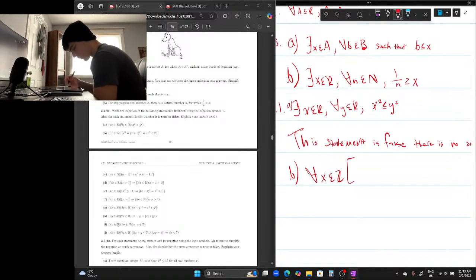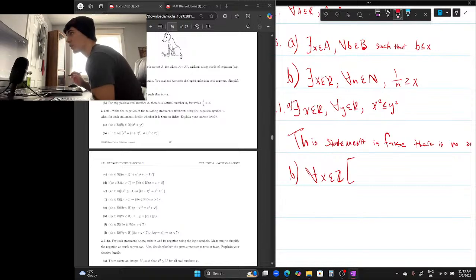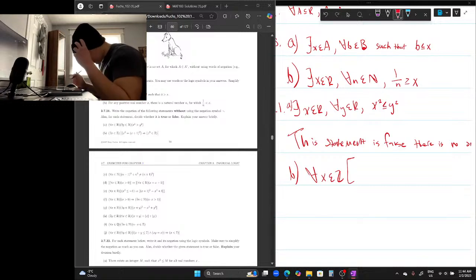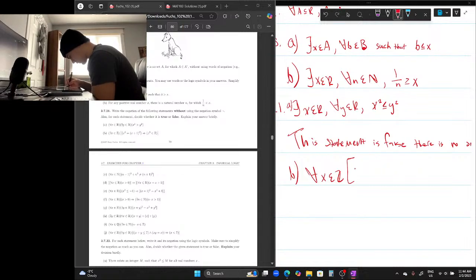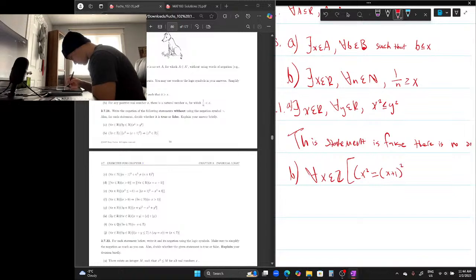This quantifier here is actually outside the statement, so we have to be mindful of that. So for all x and a, again, for implication, the statement remains the same. So x squared is equal to x plus 1 squared.